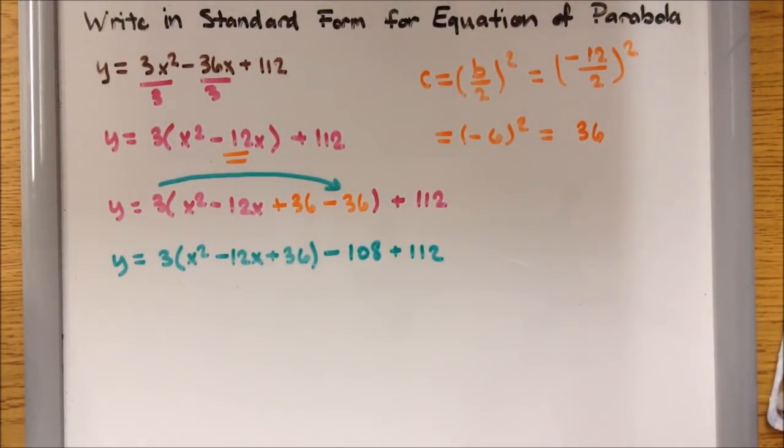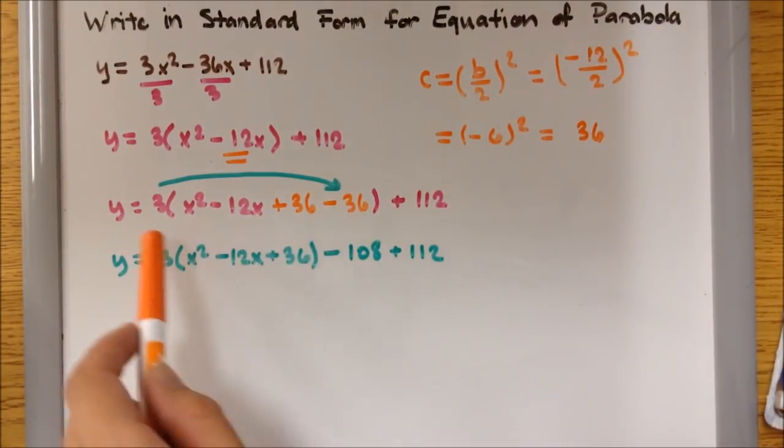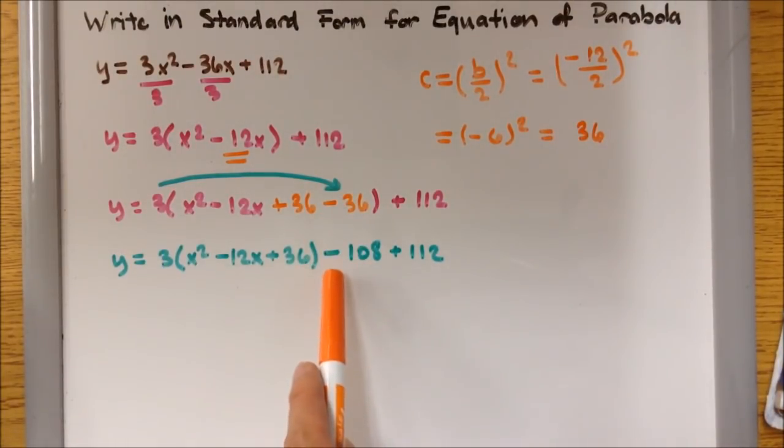So I got the negative 36 out after I distribute, so it's going to be negative 108 plus 112.